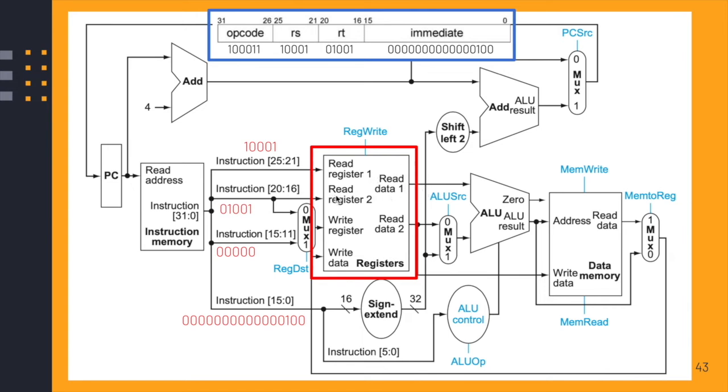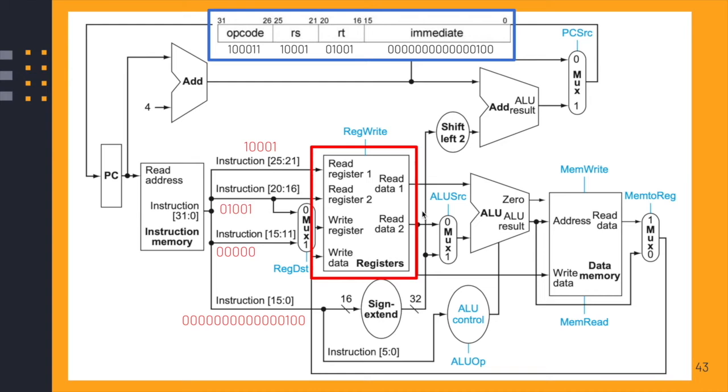Also, I will try to read the data of register RT. Although in an I format, I do not care about the value of RT. But guess what? As usual, it's a dummy data path, so I will try to get the data of register RT. So read register 2 contains the number of register RT, and read data 2 contains the value inside the RT register, and it will be outputted on this line.